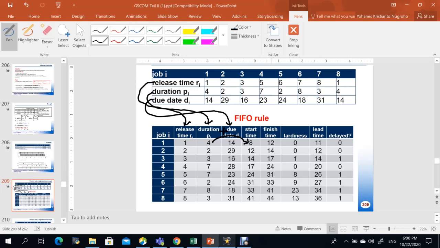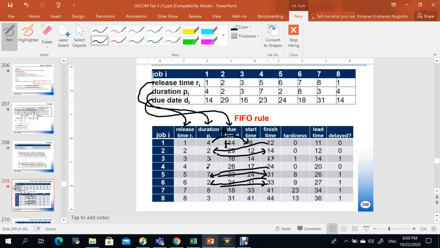Similarly here, 12 plus 2 equals 14. 14 plus 3 equals 17. 17 plus 7 equals 24. 24 plus 7 equals 31. 31 plus 2 equals 33, and so on until we come to job number 8, where the finish time is at minute or hour number 44. Alright?